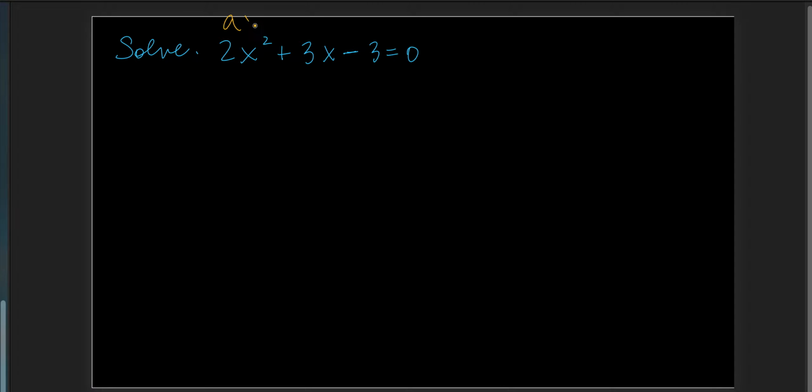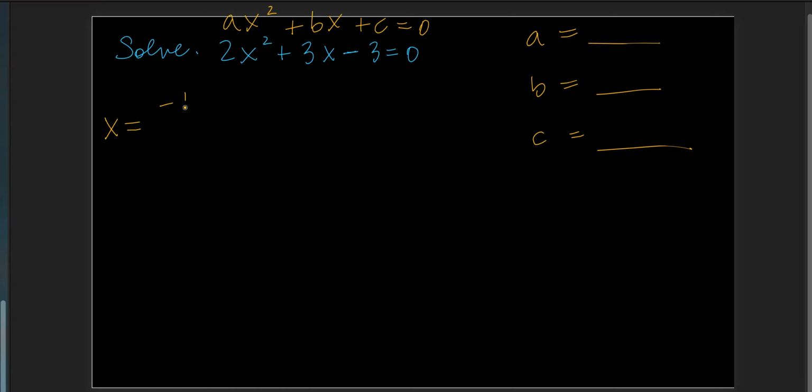Remember, ax squared plus bx plus c equals 0 is your basic quadratic. And if you want to pause the video and try this yourself, you should do that. I need to find out what my a, b, and c are, because I'm going to plug that into my quadratic equation, which I always write first before plugging things in.